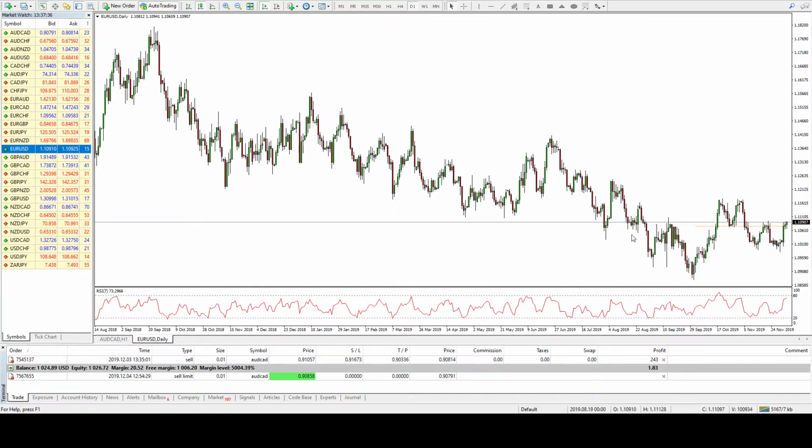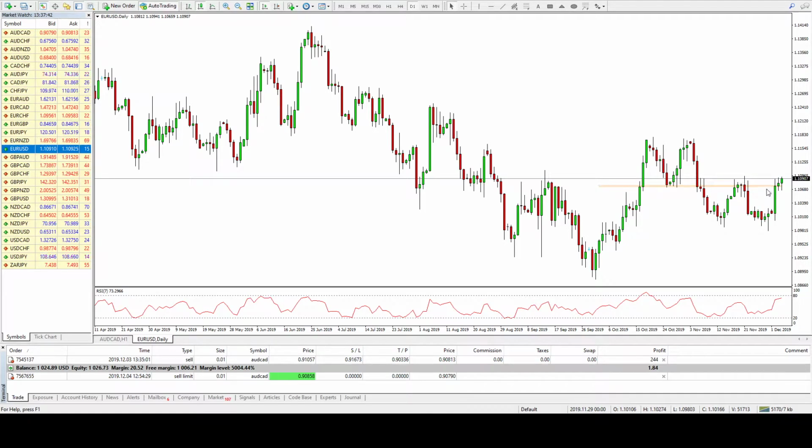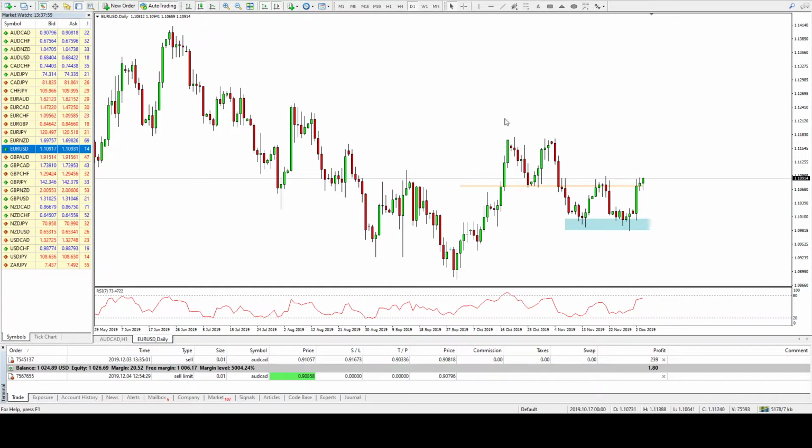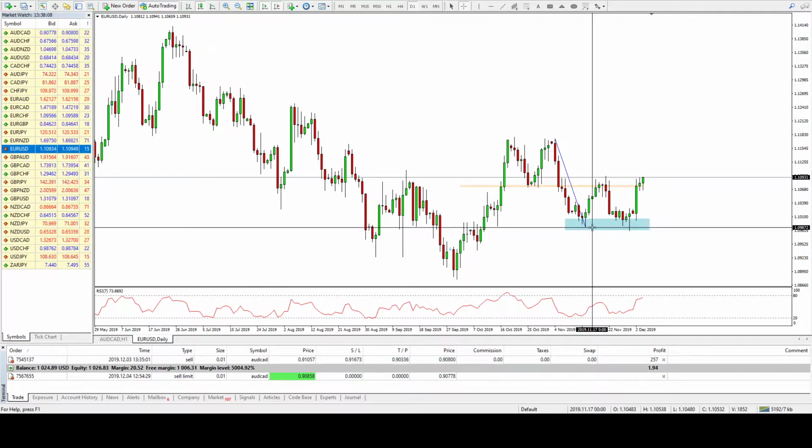Euro USD, we just got out of this pair. Some more news is coming up. There's a possibility we have more buy orders on this one. That's 185.